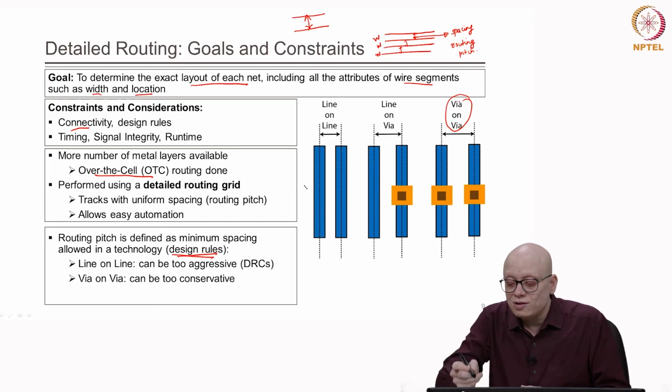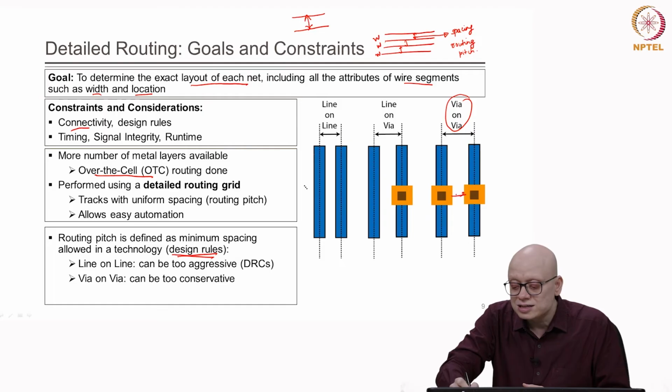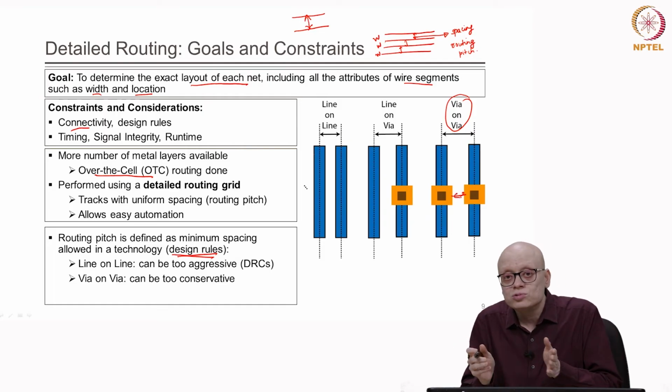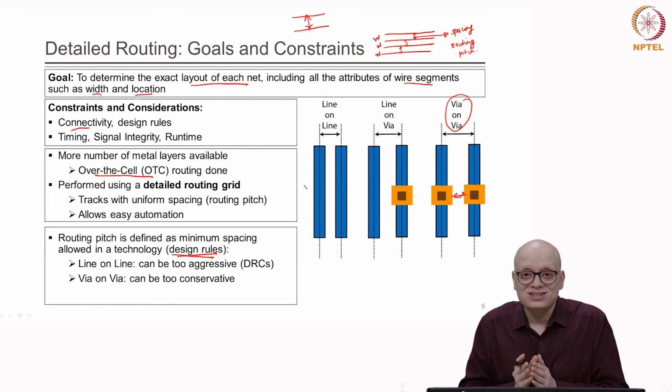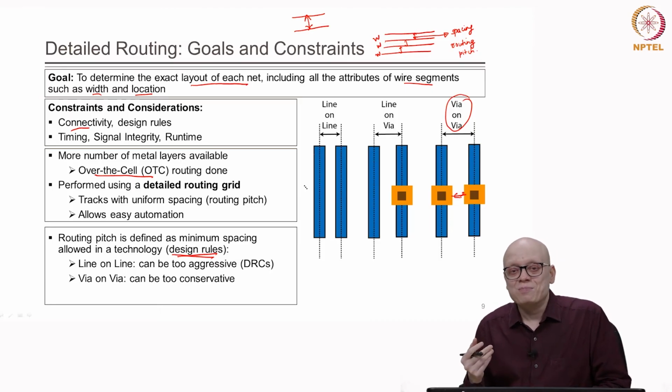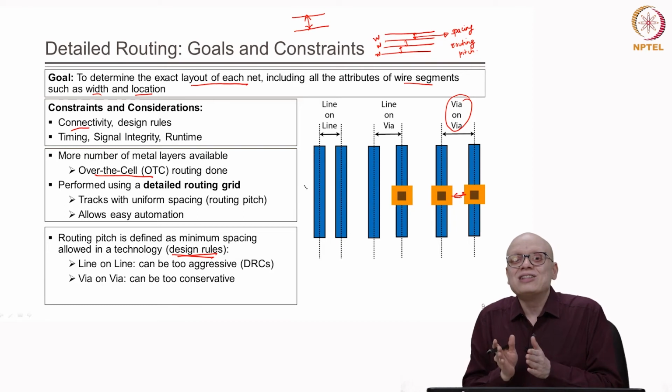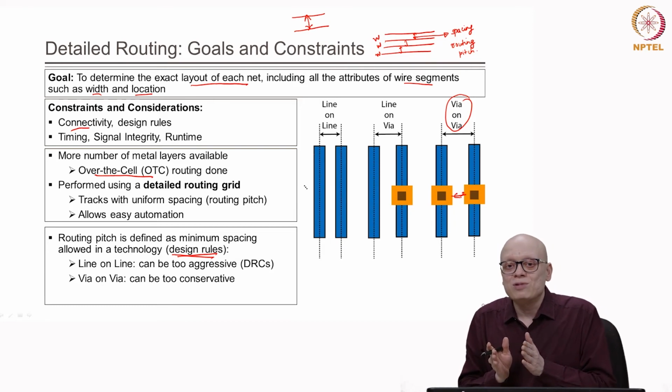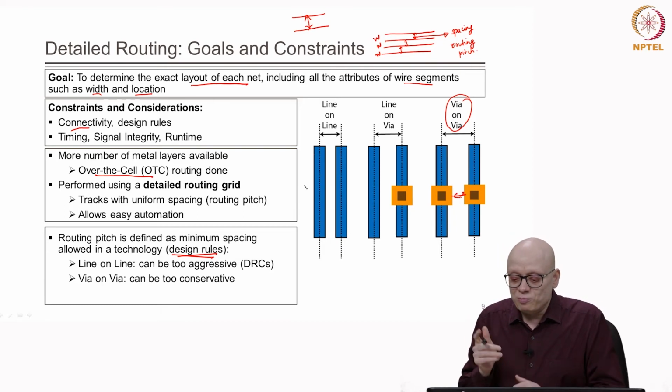The foundry will define what the minimum spacing should be when there are two adjacent vias, and based on that we create the routing pitch. Now, this will save us from the DRCs, but the problem is, are we packing all the wires as closely as possible? The answer is no. Why is it no?